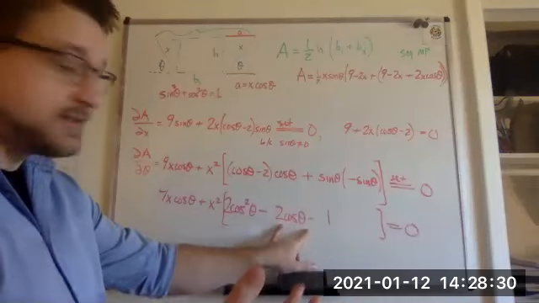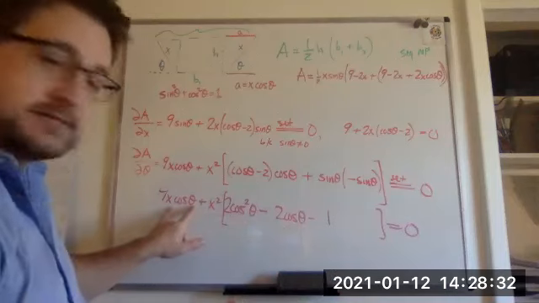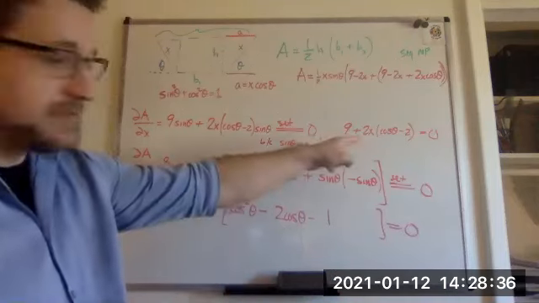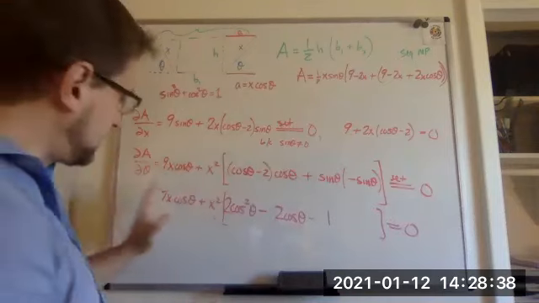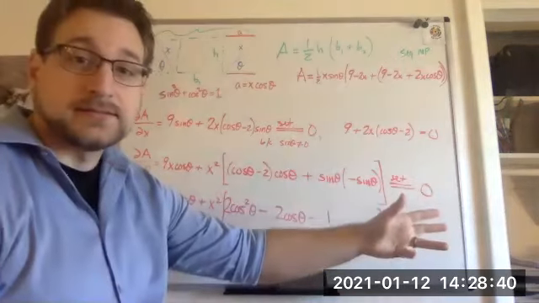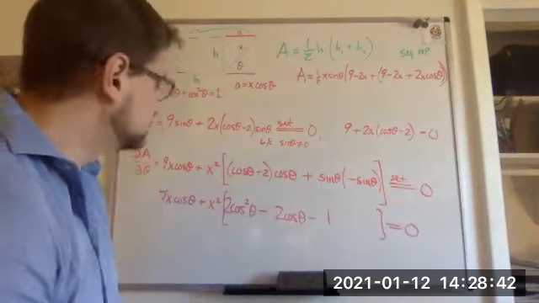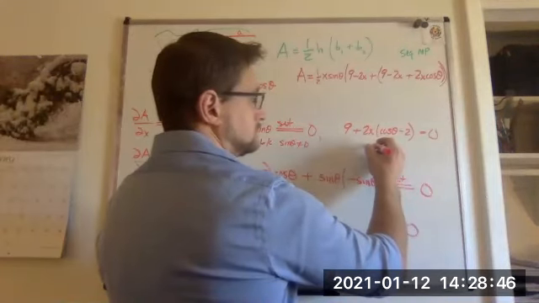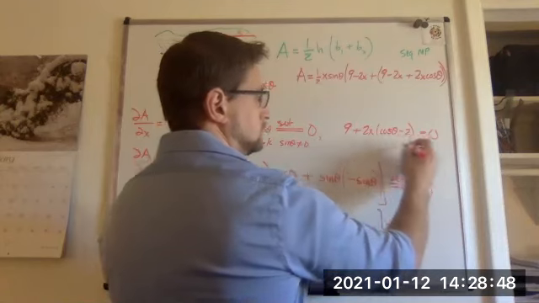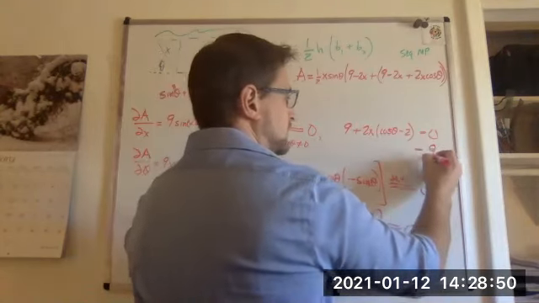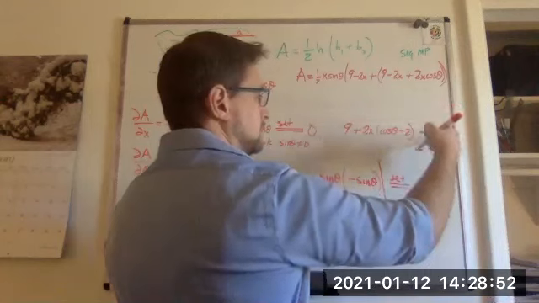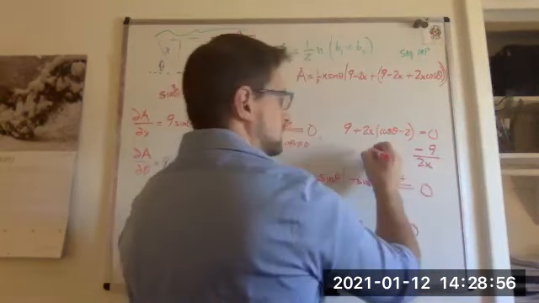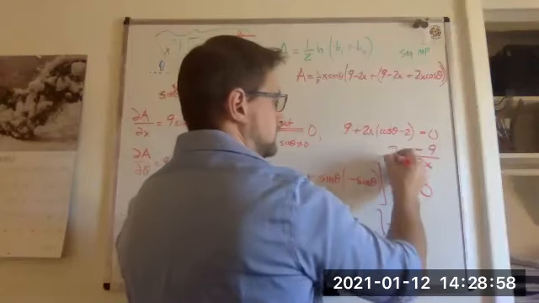If I could replace cosine theta with an expression in terms of x, then I've got an equation I can solve for x. Subtract the 9, divide by 2x, add 2.